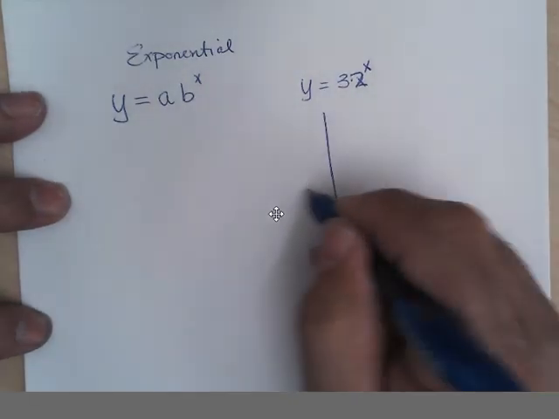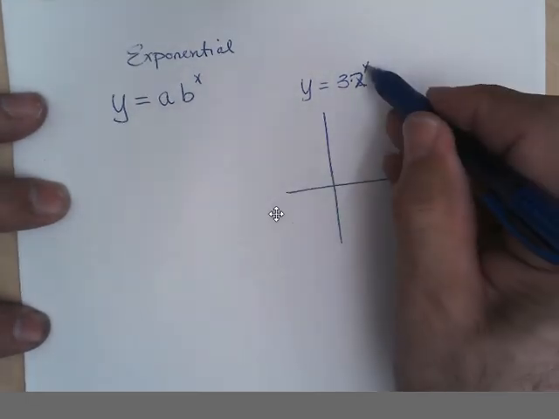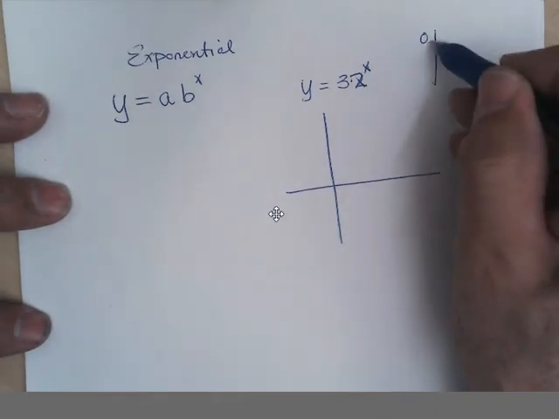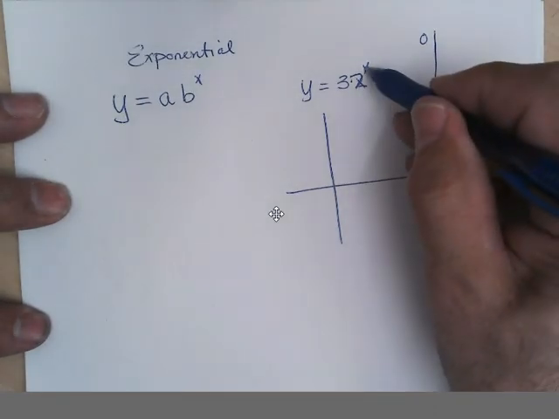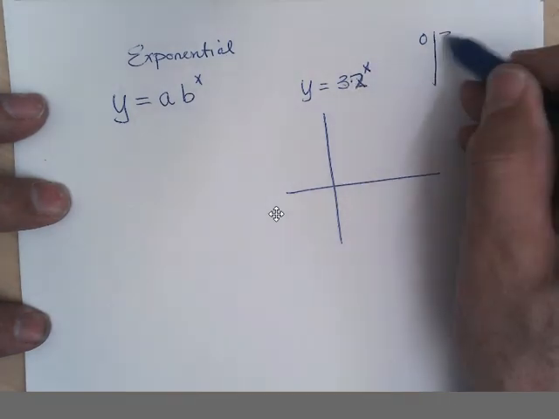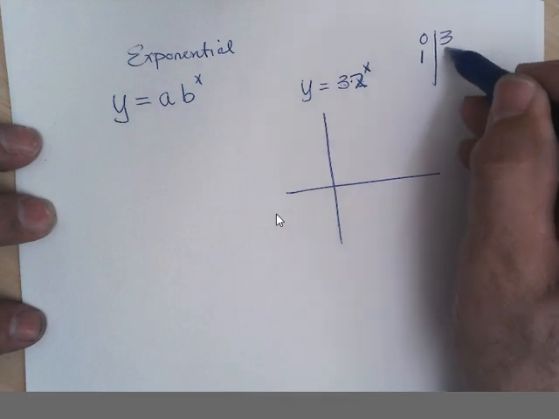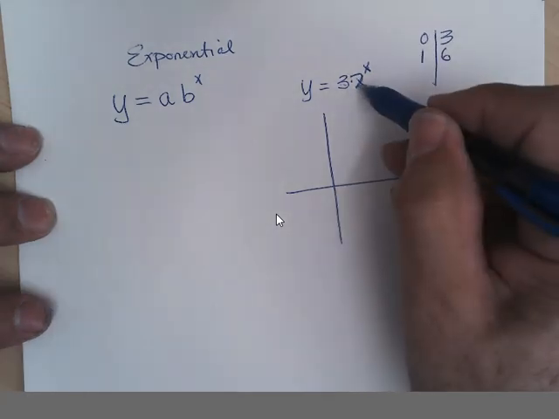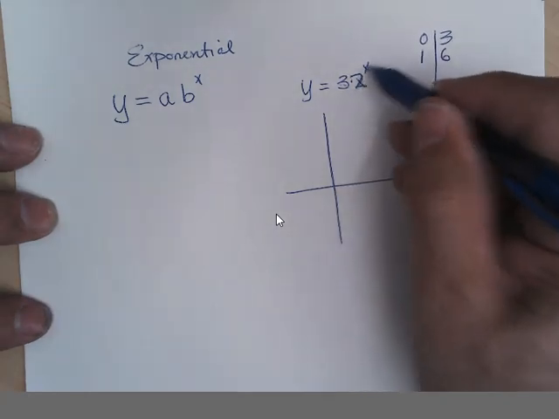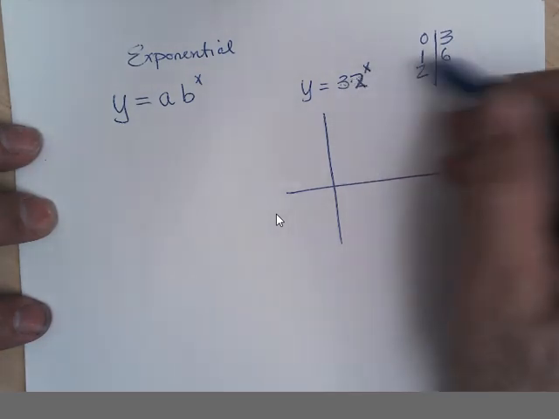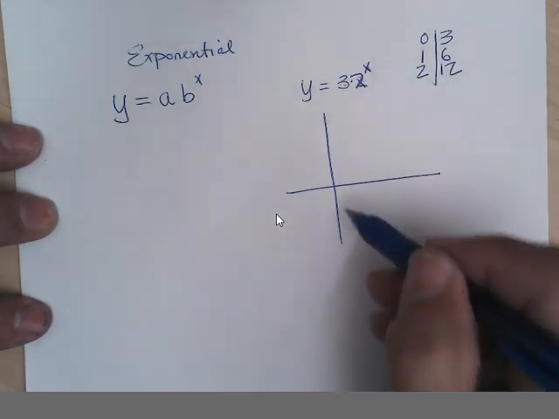If I were to make a graph of this, I'll make a table here. Put in 0: 2 to the 0 is 1, times 3 would be 3. 2 to the 1 is 2, times 3 is 6. 2 squared is 4, times 3 is 12.